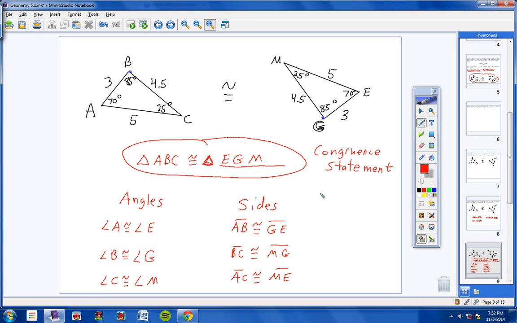And we call this listing the corresponding parts, if you want to make note of that, okay? Listing out the corresponding parts. There we go. Pretty simple stuff. I'm going to move on, so if I'm going too fast, just ask the supervising teacher to pause the video, and he or she can do that for you. We're going to go ahead and move on, okay?